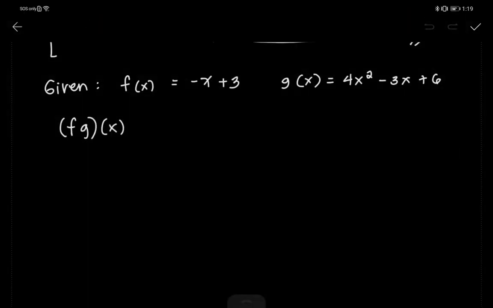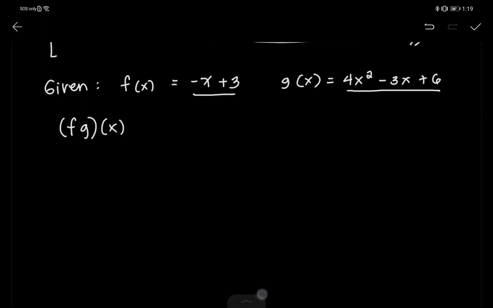Okay, so this time, let us have another example on how to find the product of two given functions. So we have here f of x, which is negative x plus 3, and we also have here given g of x, which is 4x squared minus 3x plus 6. So this time we're going to find f of g of x.